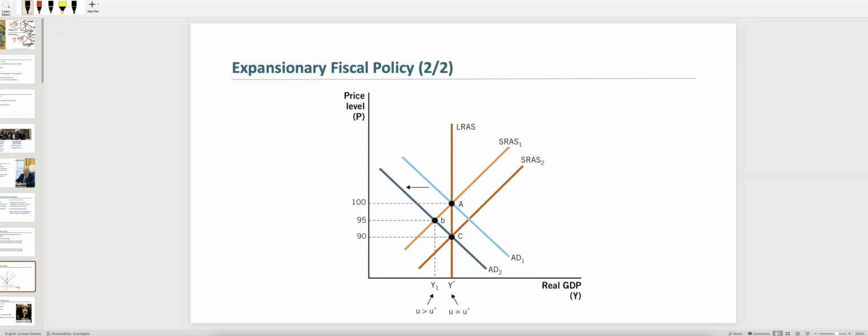I'm going to change this here. Let's say the economy is at point B. That would be a recessionary gap.